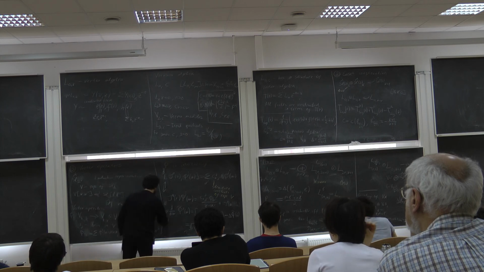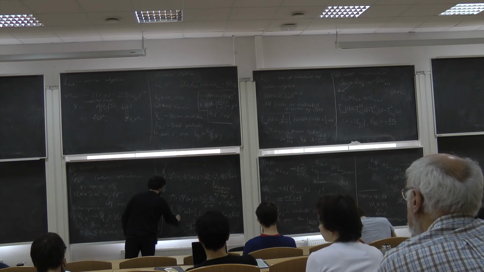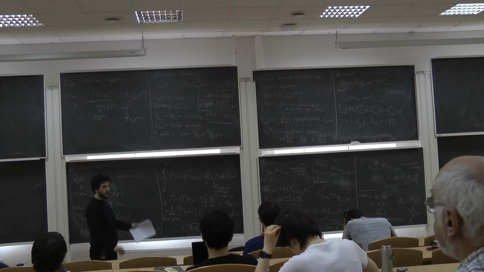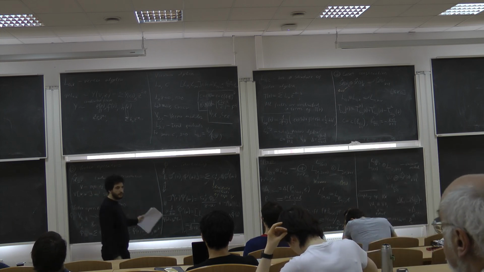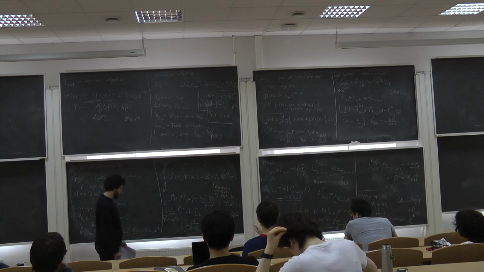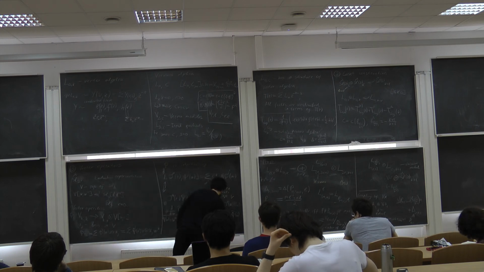Tilde means some rescaling, that phi tilde of W is W in power delta phi of W. This rescaling is convenient for something. There should be structure constants in the last line. Should be some structure constants, yes.